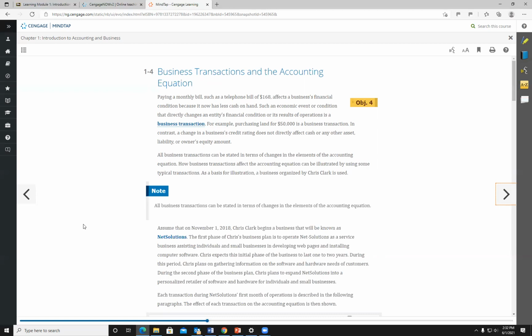In contrast, a change in a business credit rating does not affect cash or any other asset, liability, or owner equity amount. All business transactions can be stated in terms of changes in the elements of the accounting equation. If you are increasing cash, you're increasing assets.